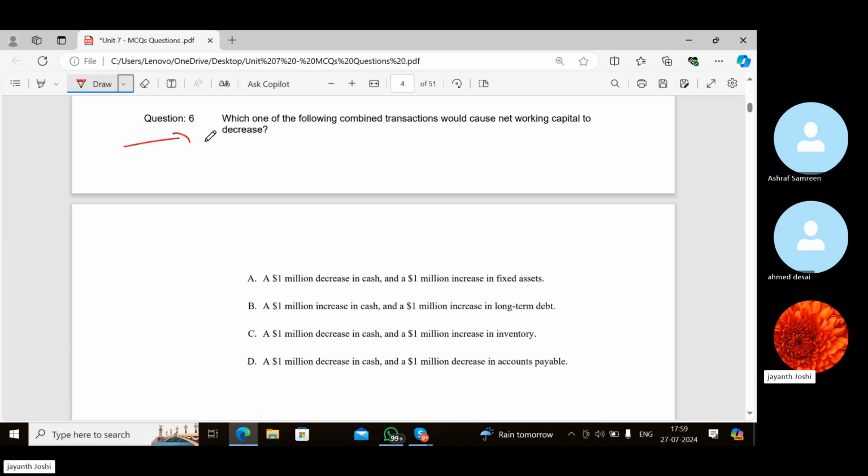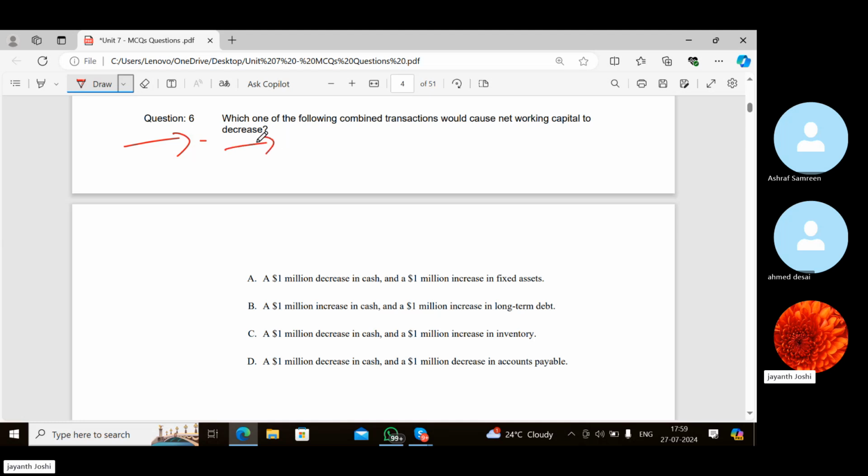Sixth question, fast. What does the sixth question say? Which of the following combined transactions cause net working capital to decrease?